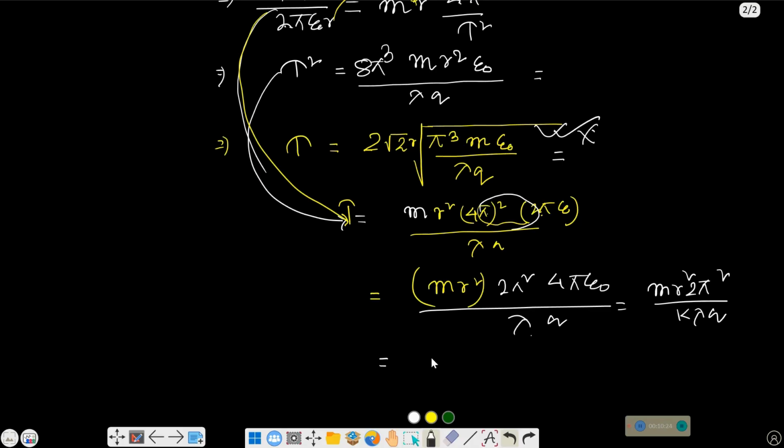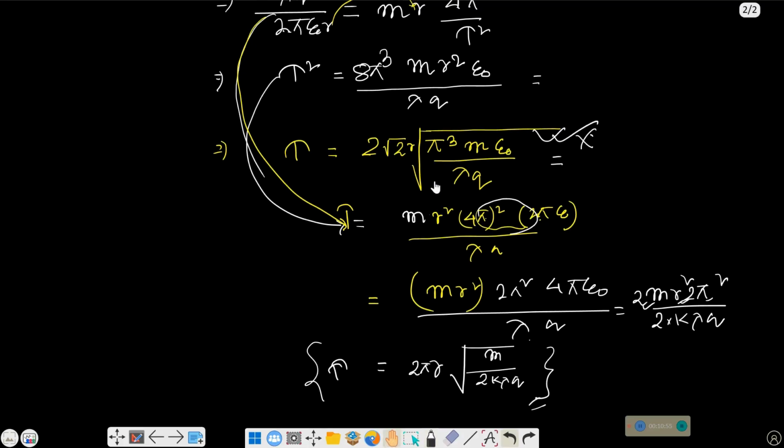Now we can take r outside, r we can take common. If we multiply 2 here, 2 comes outside, from pi square pi comes, 2 pi r comes, and the root over stays on top, with m, because 2 came outside, r square pi square m by 2k lambda cube. So the time period is this one. This will be the answer in the options.